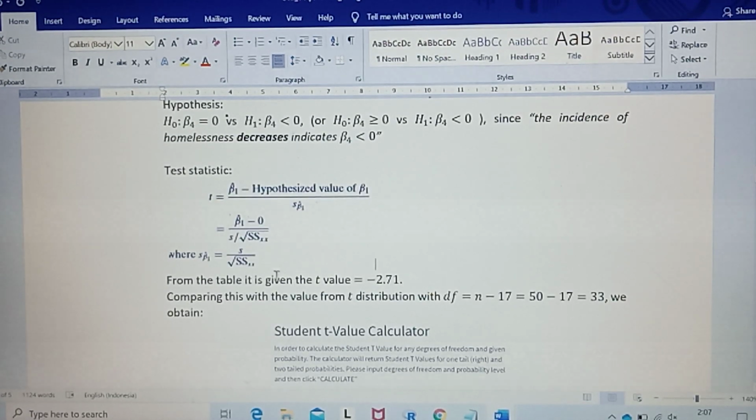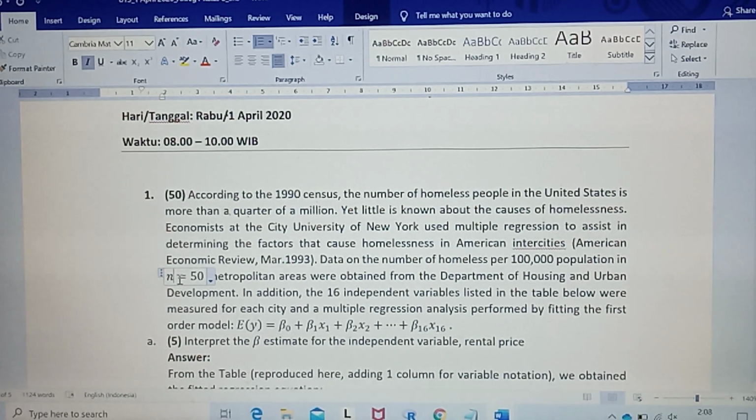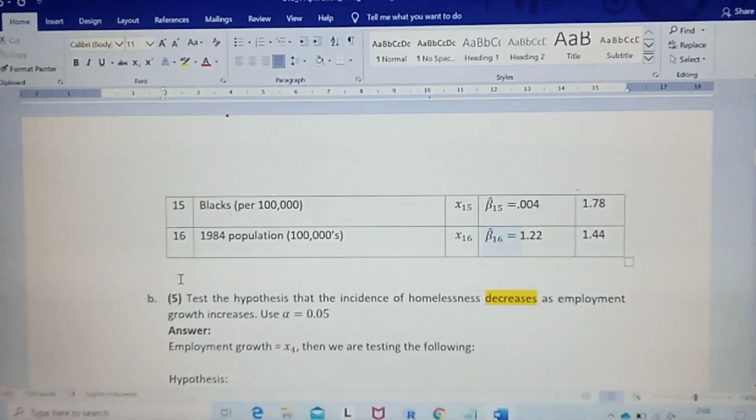That's why the degrees of freedom for the test statistic is the sample size minus 17, and from the question the sample size is 50, as you can see here: data on the number of homeless per 100,000 population in 50 metropolitan areas. So one observation is one area, and we have 50 areas, that's why we have 50 observations.